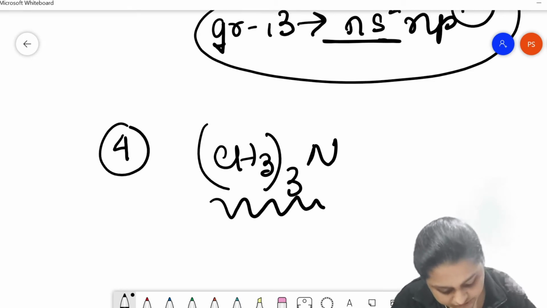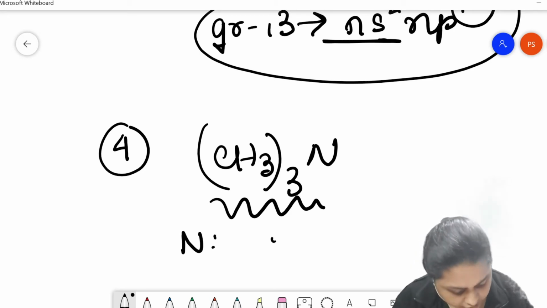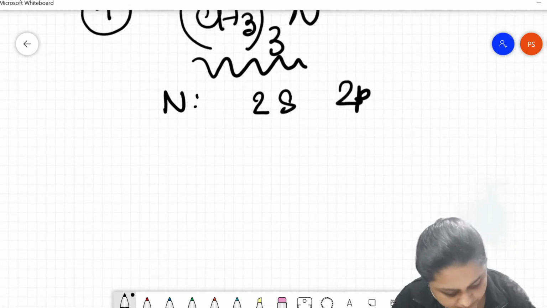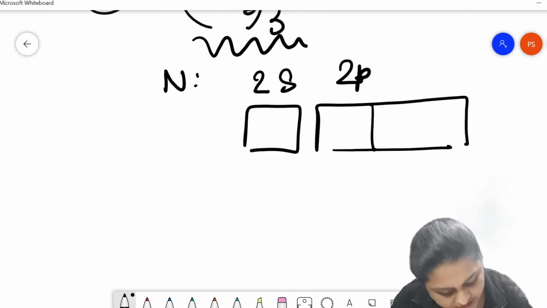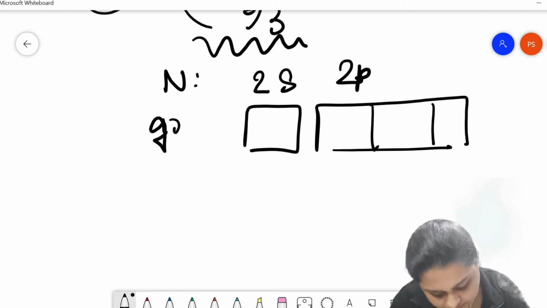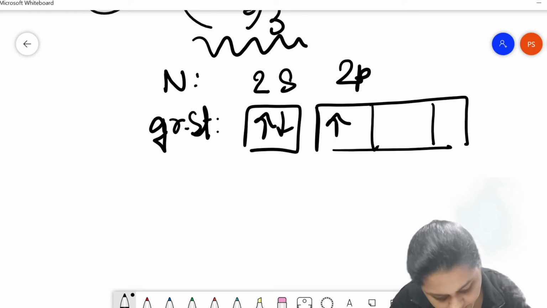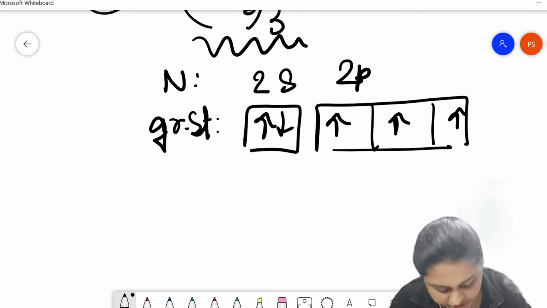Now nitrogen, electronic configuration 2s 2p. This is the ground state electronic configuration.